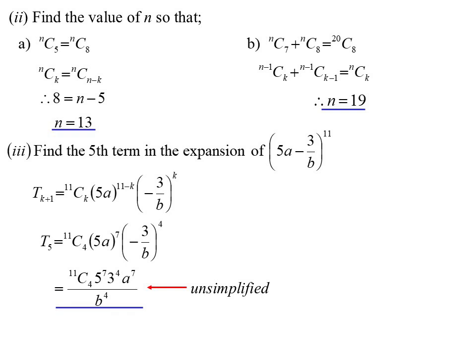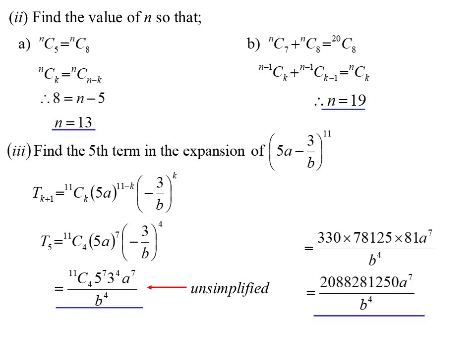If we want to work out this number, it's quite big: 330 times 78,125 times 81. Sometimes we just leave them as unsimplified answers because they tend to be such large numbers. When they're not large, fair enough, we'll work out what the number actually is.